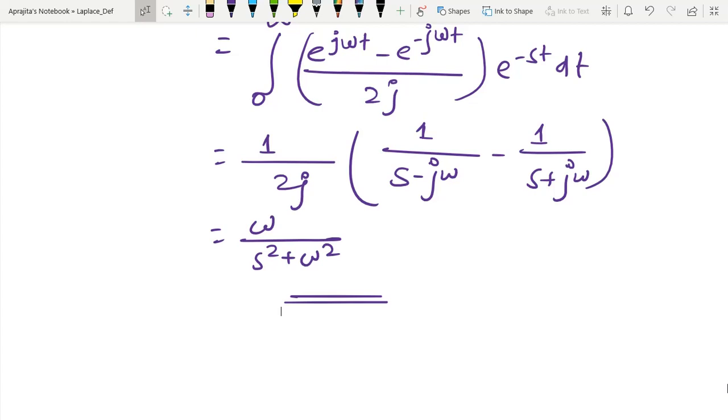So I have selected the kernel as e power minus st. After selecting this particular kernel, there again exist certain restrictions on s, and only then can I guarantee that this transform, called the Laplace transform with kernel e power minus st, exists.